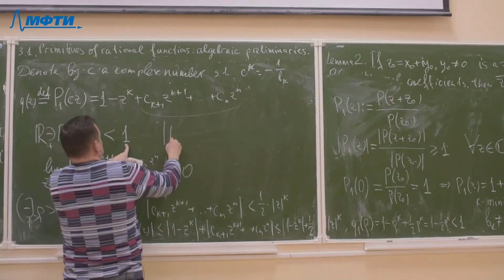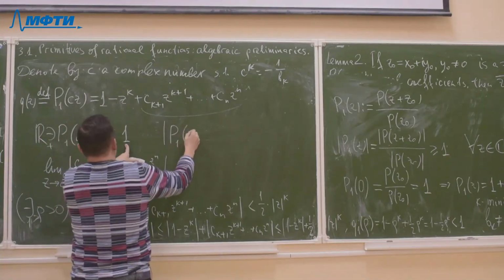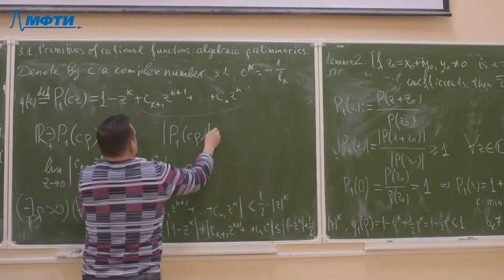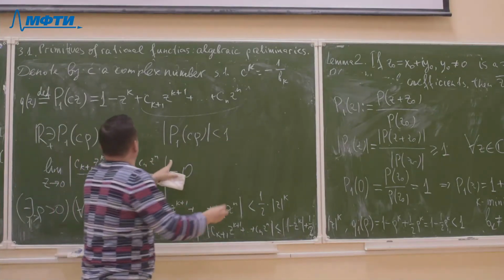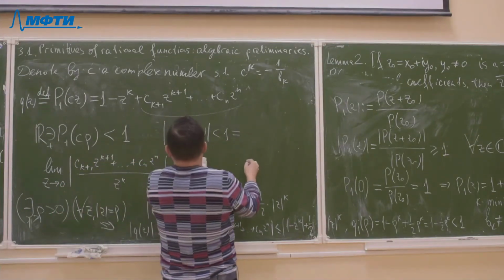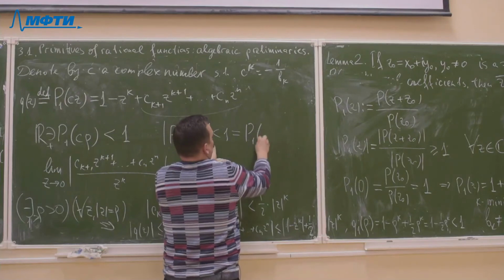And it means, in particular, that modulus of P1 of C rho is less than 1. And 1 was P1 of 0, right?